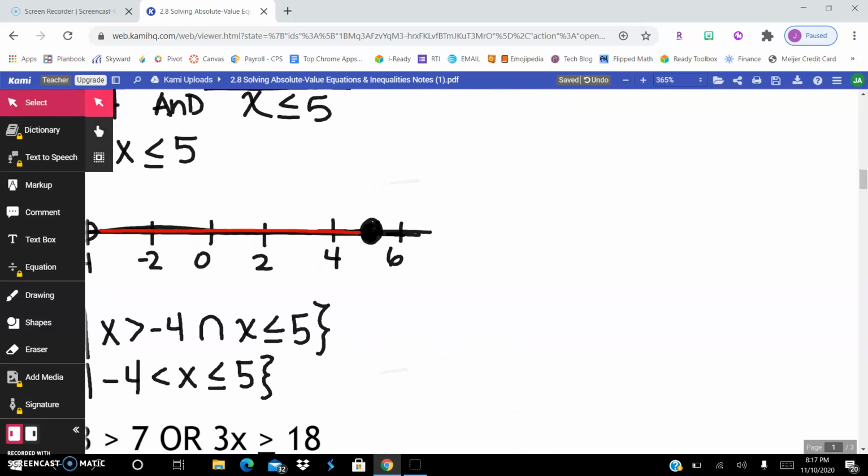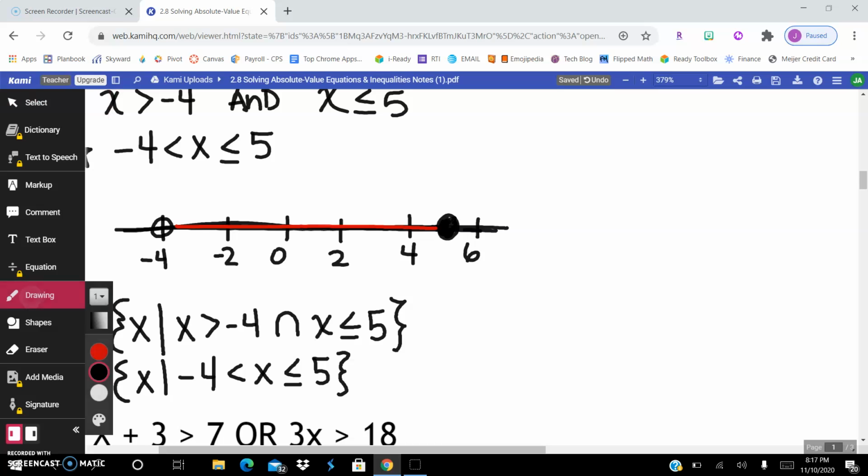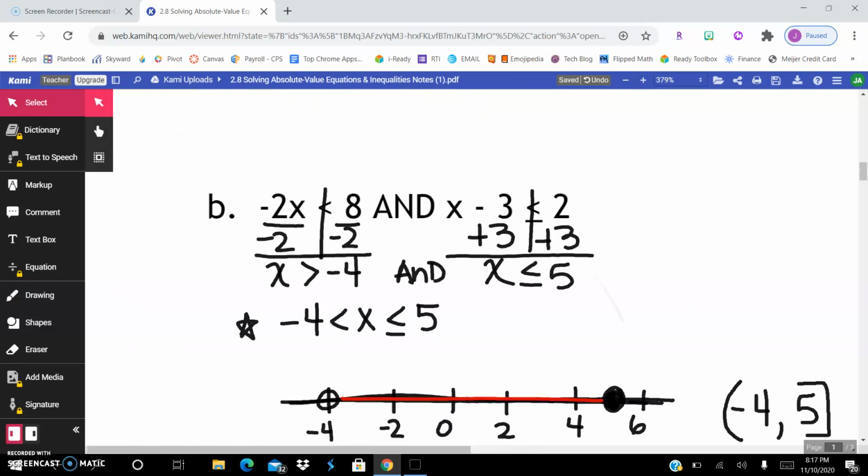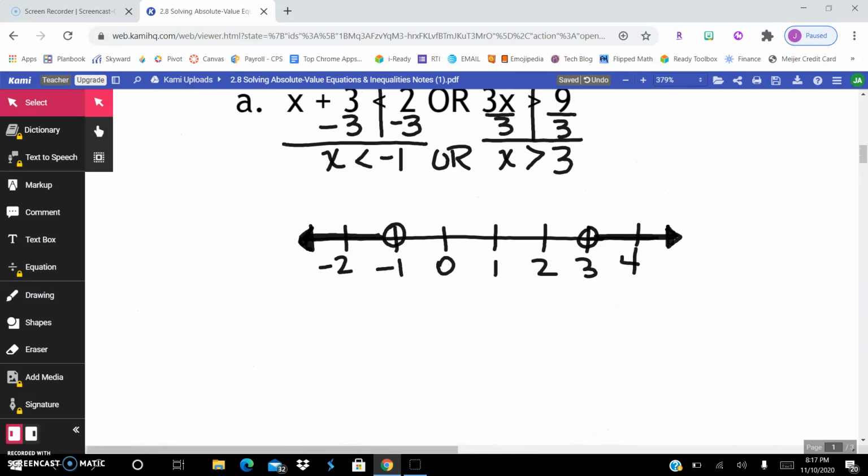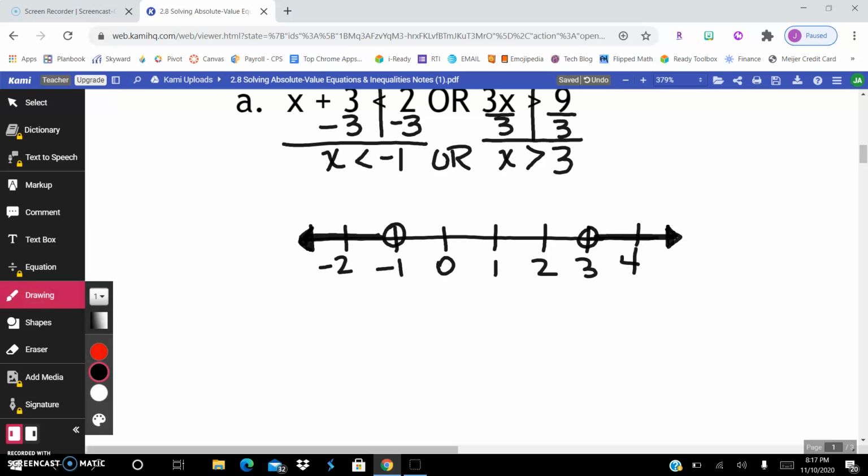And then if we wrote the interval notation for our graph, we are starting at -4. We're not including -4, so that's going to be a parenthesis. And we're going up to +5, and we do include 5, so that circle's filled in, so we have to have our bracket.